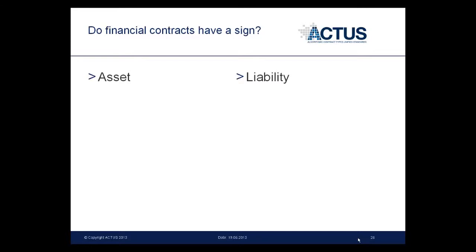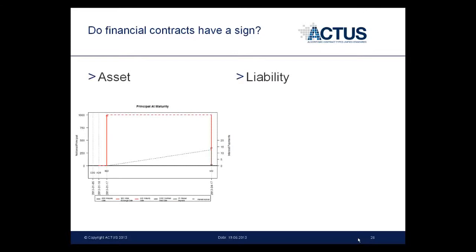Another difficulty we can see by looking at this simple PAM, the one we saw before. This PAM represents an asset. It has three cash flows. First the outflow, or the money I give to the debtor, followed by the two inflows, interest and principal, when the debtor has to repay.